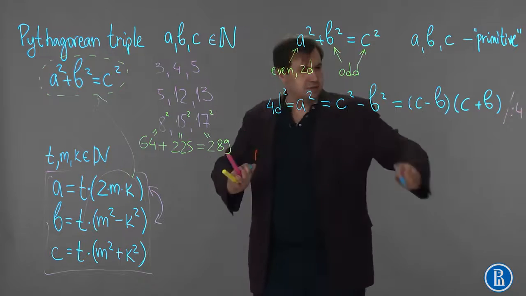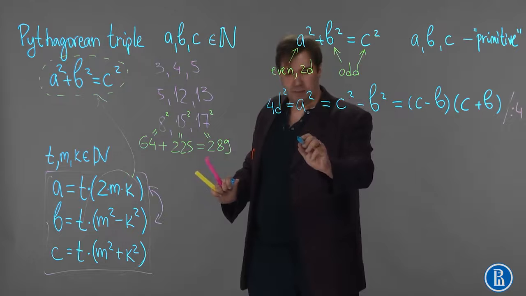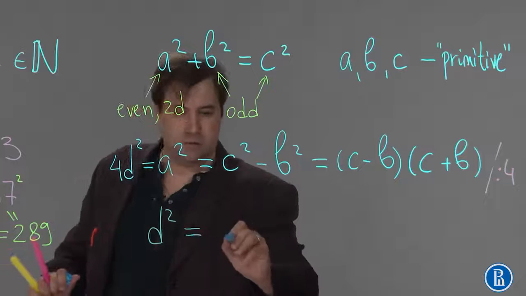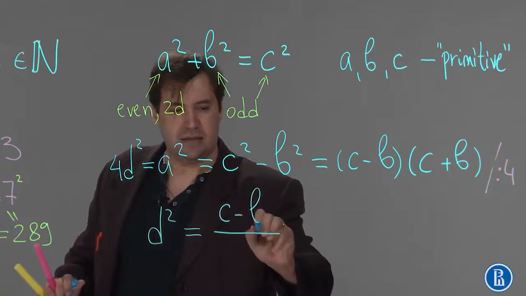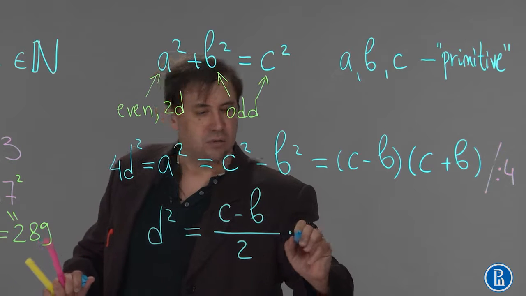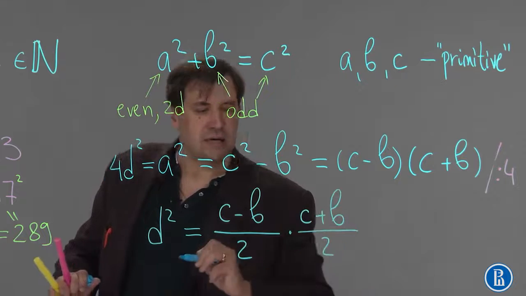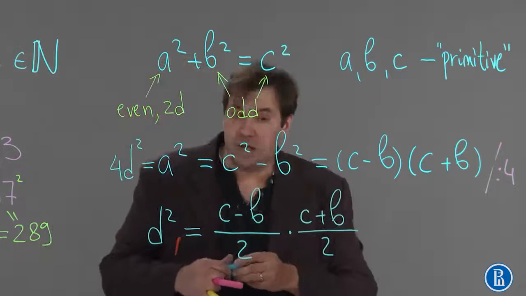And that would give us the following. We get that d squared is equal to (c minus b) over 2 multiplied by (c plus b) over 2.